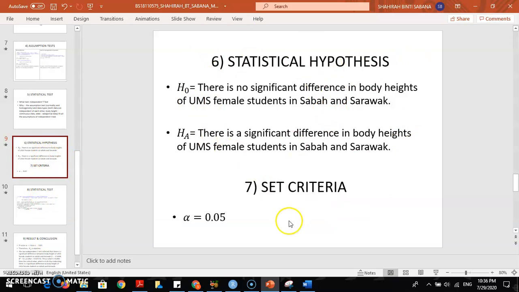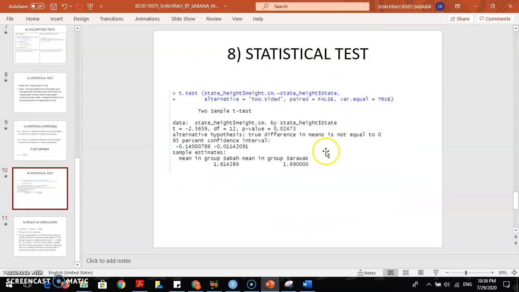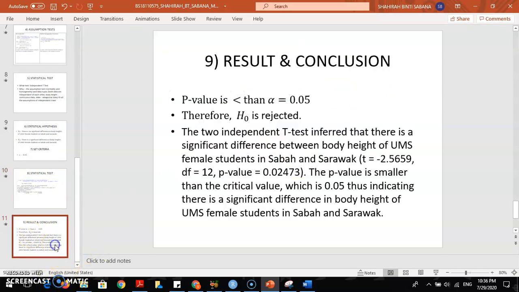This is the statistical hypothesis criteria. The statistical tests are done, and as you can see, the p-value is smaller than 0.05, the critical value. Therefore, H null is rejected.